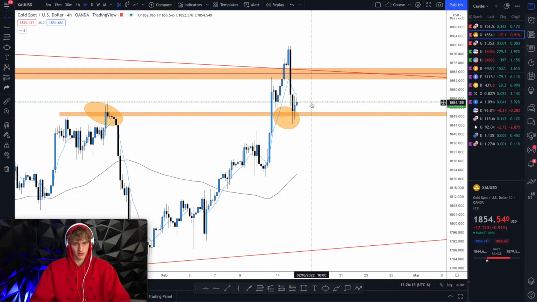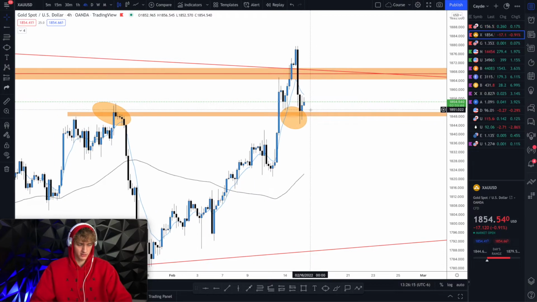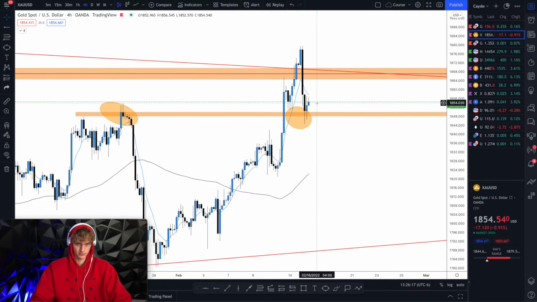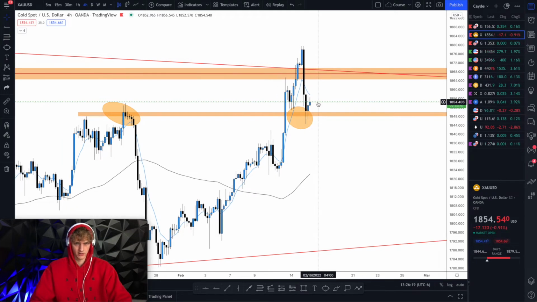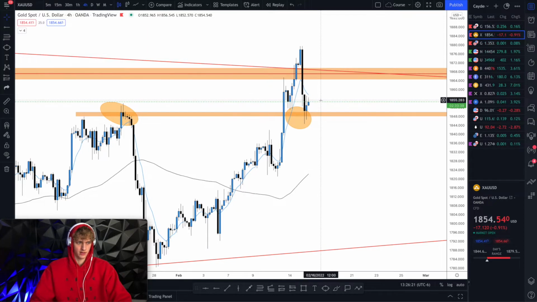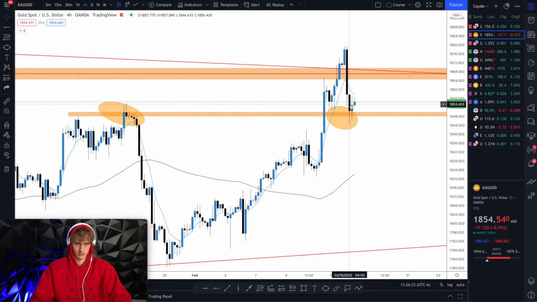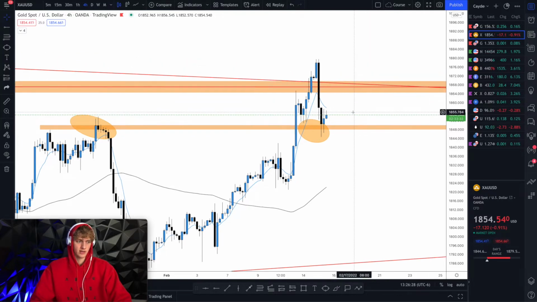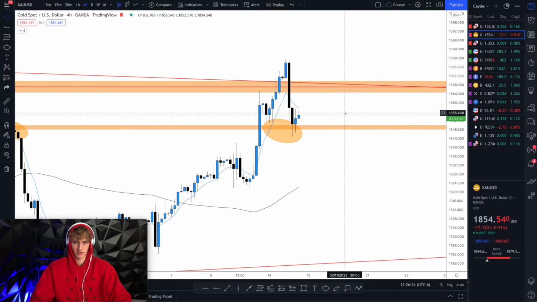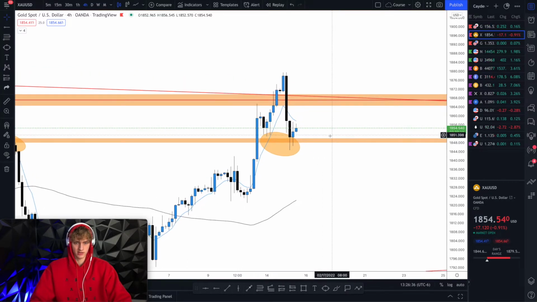I don't know a whole ton about it, but I do know that Russia was going to attack Ukraine or something like that, and just this morning the Russian troops pulled away, which means that the risk of war is off and investors are pulling out of gold and back to fiat. Fiat currency would be USD or the country's currency or whatever it is, and that is what made this big drop right here. So yes, there's technical analysis, but there's also fundamental analysis.